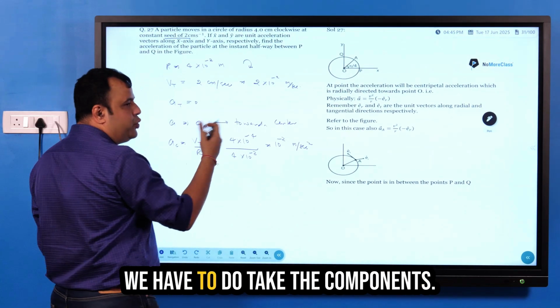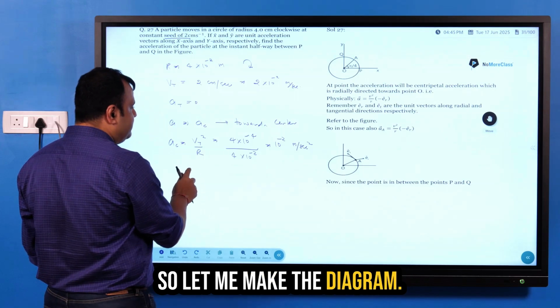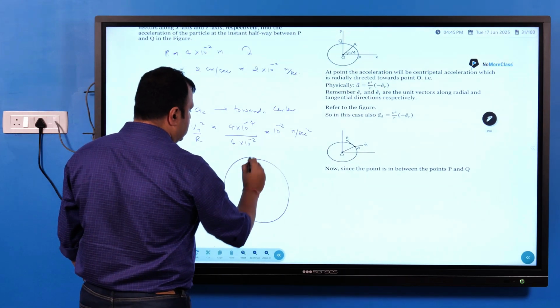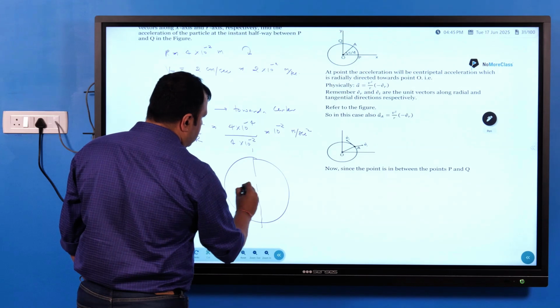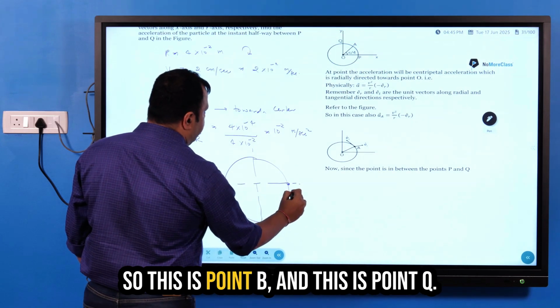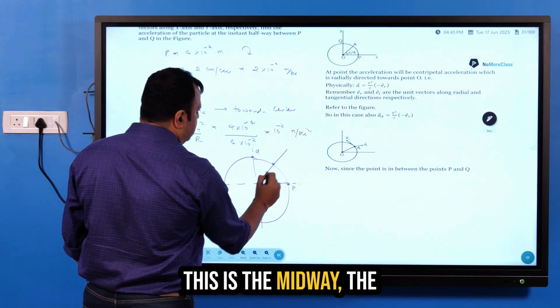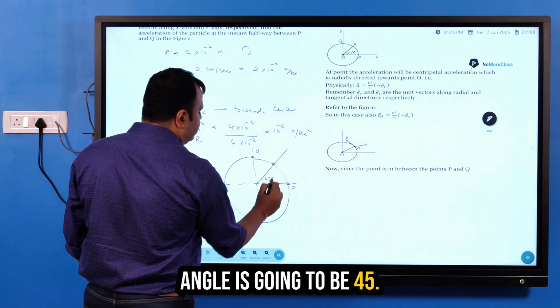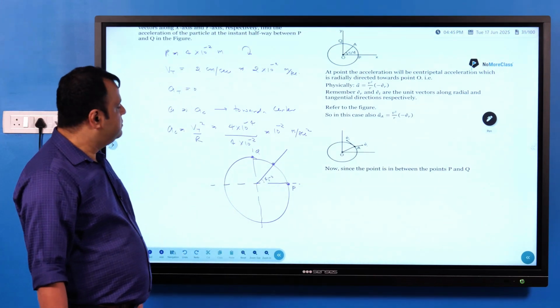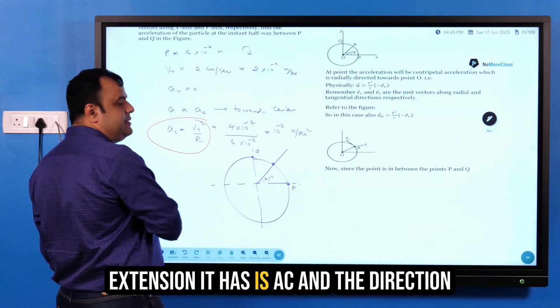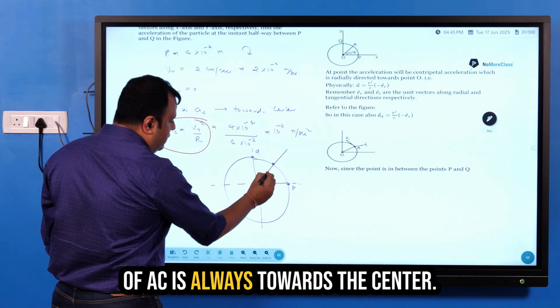So all we have to do, take the components. So let me make the diagram. So this is point P and this is point Q, and they're saying exactly midway. This is the midway. The angle is going to be 45. So when the particle is midway, only acceleration it has is AC, and the direction of AC is always towards the center.